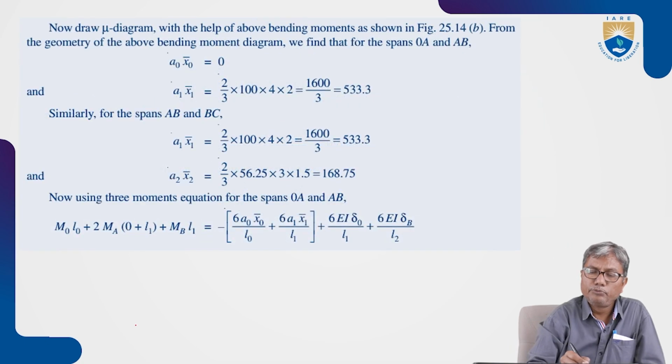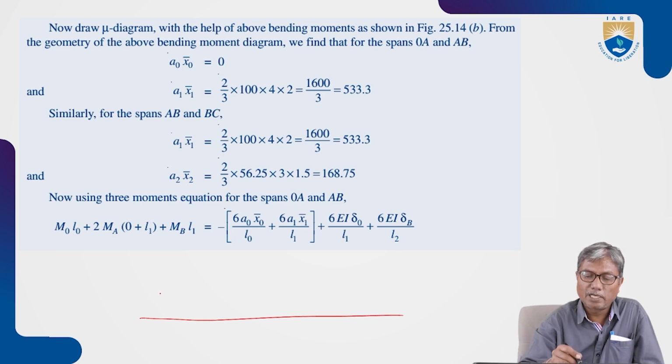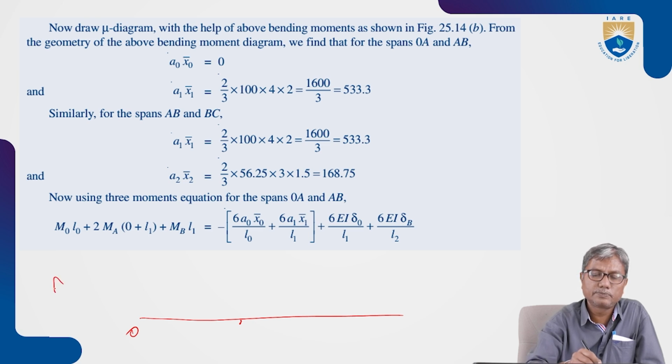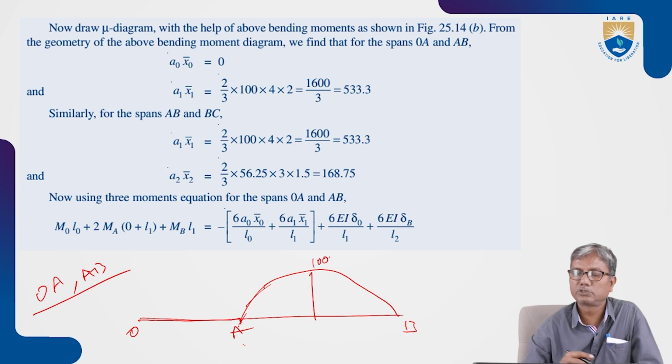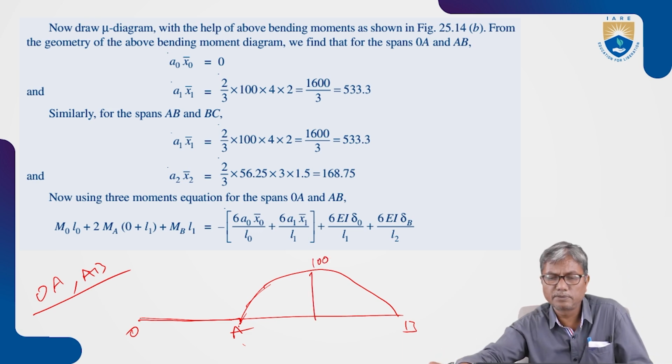Now we draw the new diagram. What is the new diagram? For span OA, we will be applying this first for A1, that is OA and AB, isn't it? So here the common support is A. On OA there is no load and no new diagram. On span AB we have UDL, so its mid-span moment will be 100 maximum, which is a parabola.